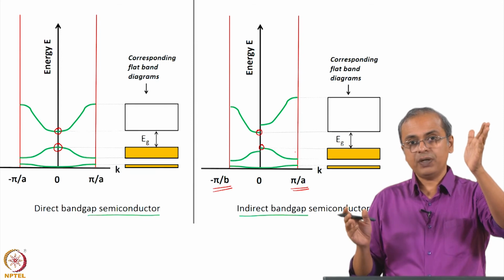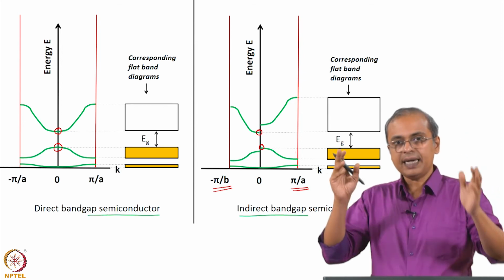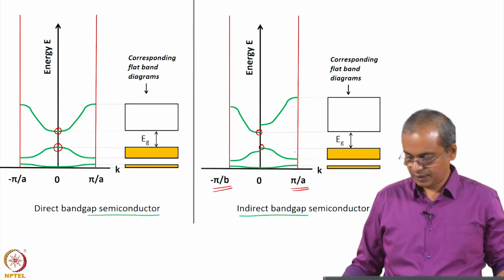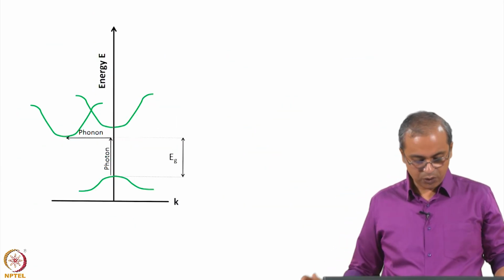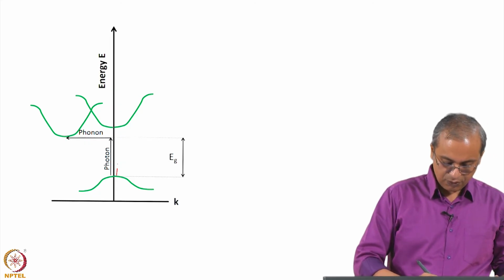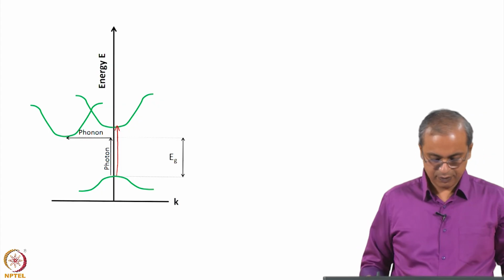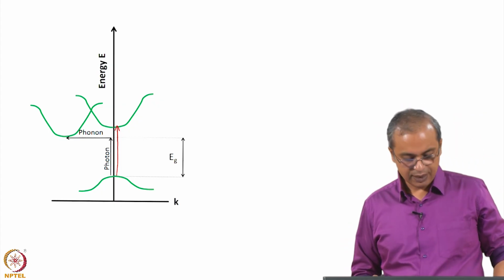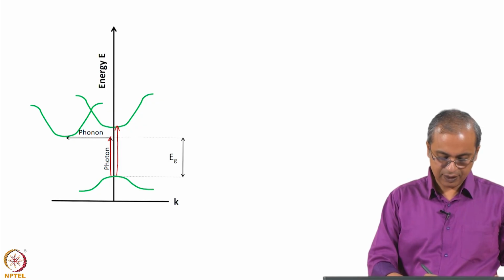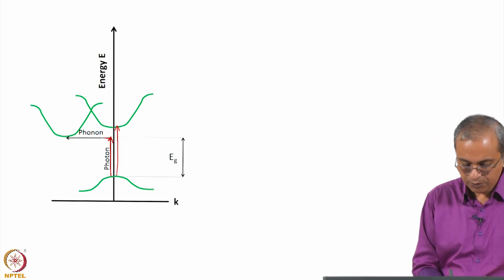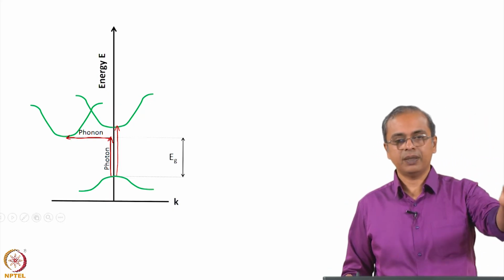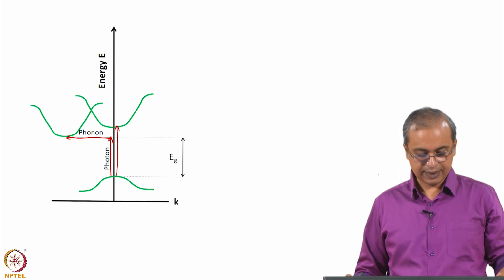Therefore, when you do a transition in an indirect bandgap semiconductor, you cannot just go up in energy to get the electron to the next available energy state. If it were a direct bandgap semiconductor, your electron would go straight from here to here if you put energy into it. But in an indirect bandgap semiconductor, you have to raise the energy level of the electron, and then you also have to move it to another location in the crystal structure for it to actually get absorbed into the conduction band.